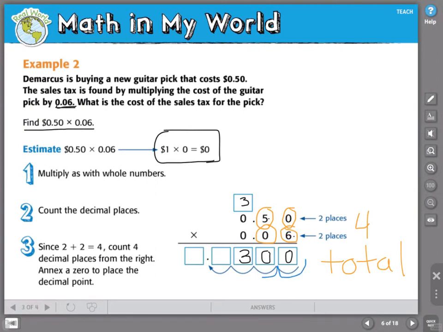So here's 1, 2, 3, 4. But what do we do with this empty space? What digit can I use that would represent no value? Well, that would be a 0. So I'm going to fill in these empty places with zeros.